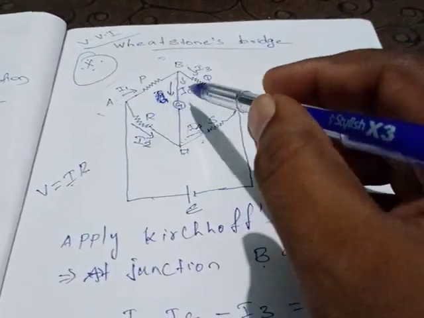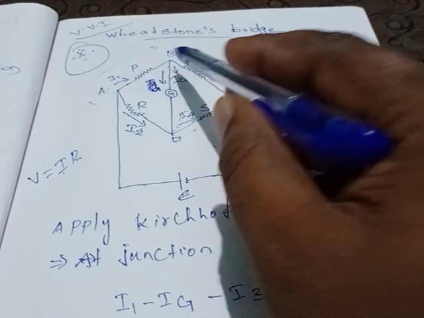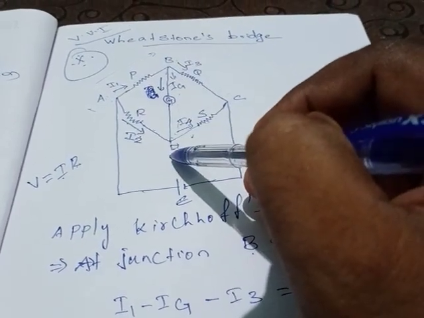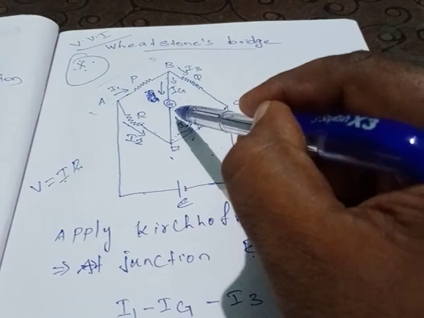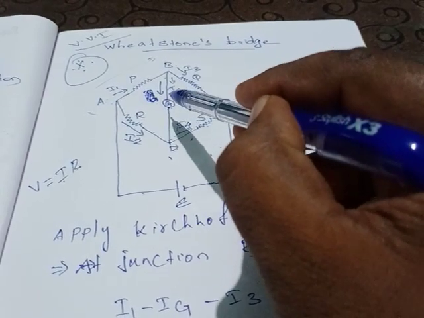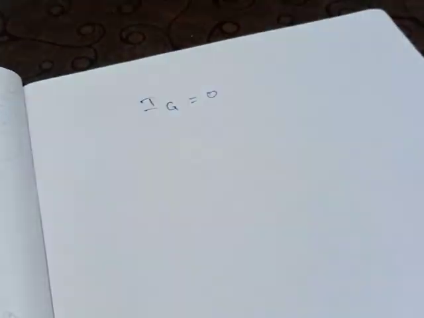So there is no potential difference between these two junctions B and D. So there won't be any current flowing. So the galvanometer shows null deflection. So you can take this galvanometer Ig value as 0.